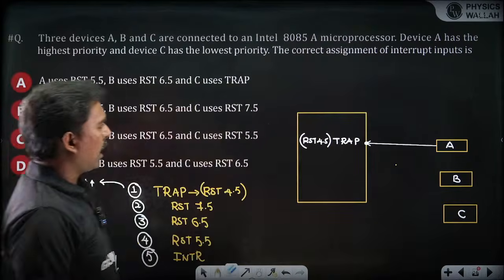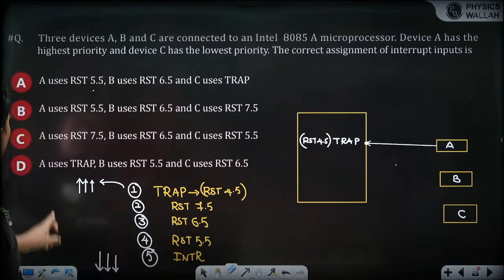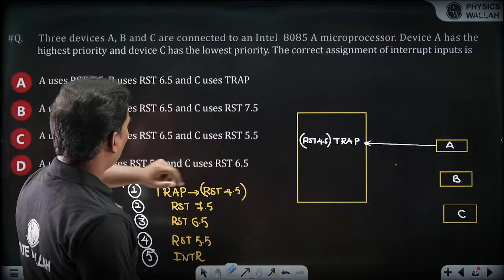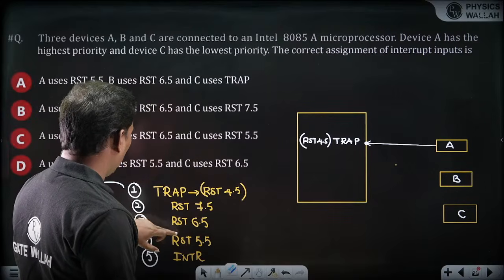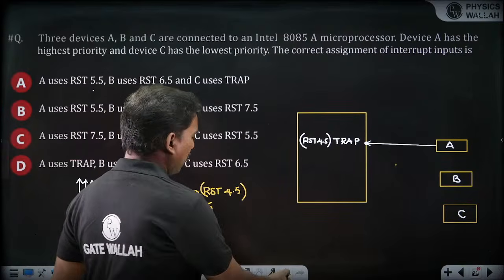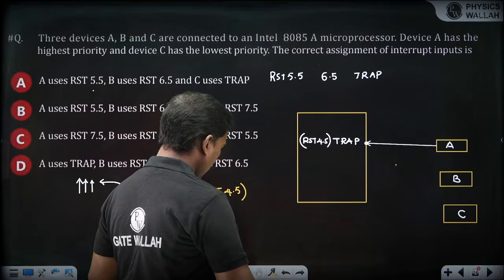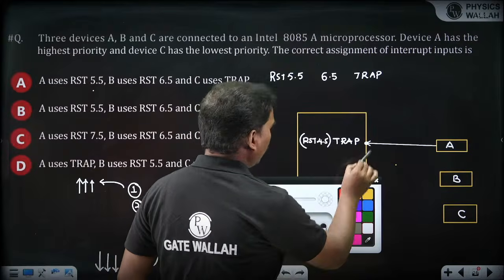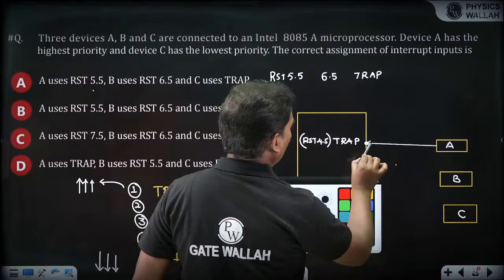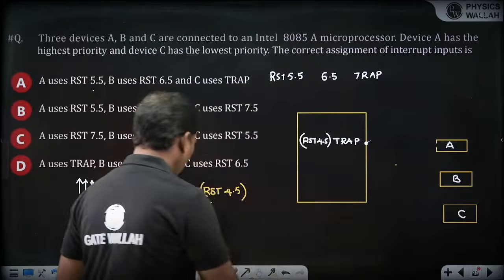First of all, A should be connected to TRAP. Then B and C are there. C is the lowest priority, so C should be connected to 5.5. So this is not the right option, I cannot go for this, because C should be connected to the least priority.